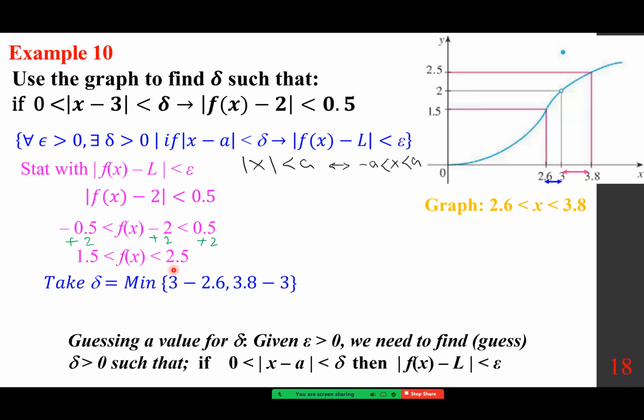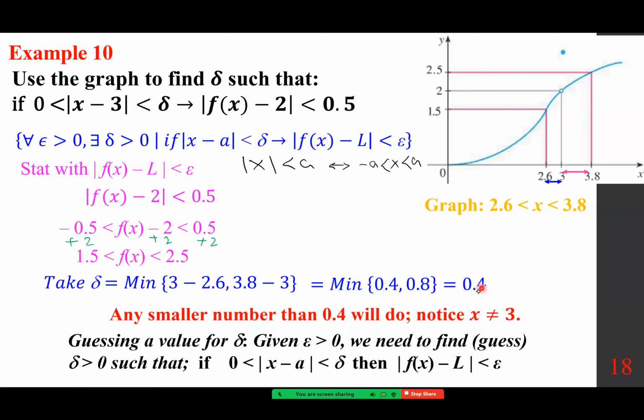And so this is 0.4. This is 0.8. And we choose smaller of the two. And any smaller number than 0.4 will do the job. And of course, x can't be 3.